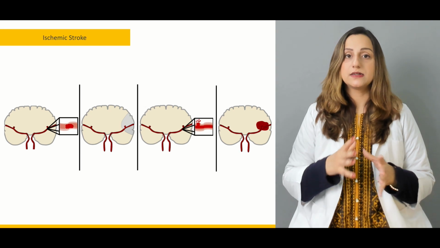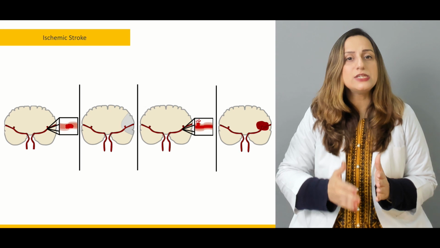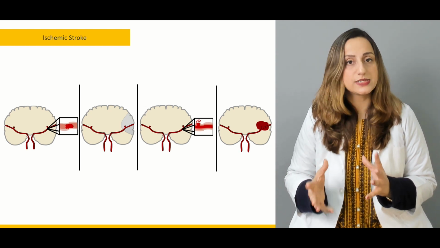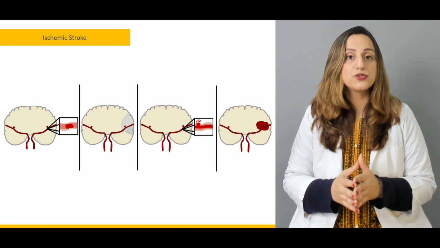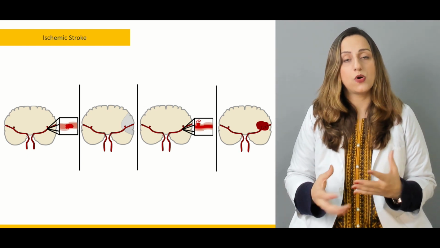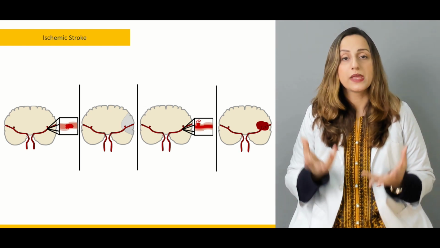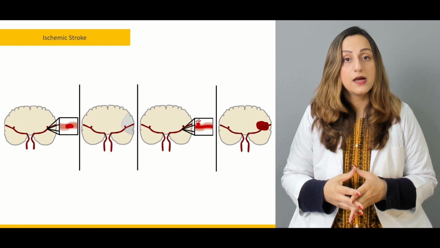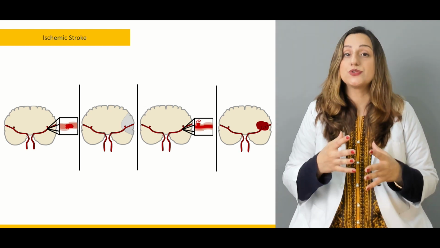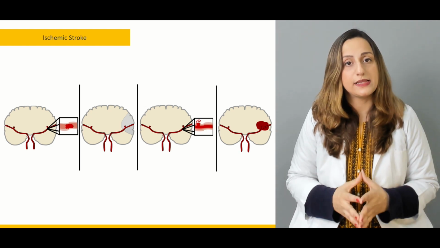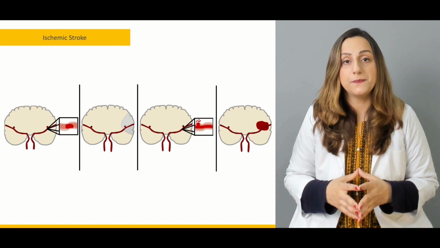And if the blood flow is lessened to 16 to 18 milliliters per 100 grams of brain tissue, then it is going to take an hour to cause the apoptosis or the necrotic activities of the brain tissue to take place. Again, if the blood flow levels are less than 20 ml per 100 grams, then it is going to take several hours to develop the signs and symptoms and the clinical appearance of the ischemic stroke.